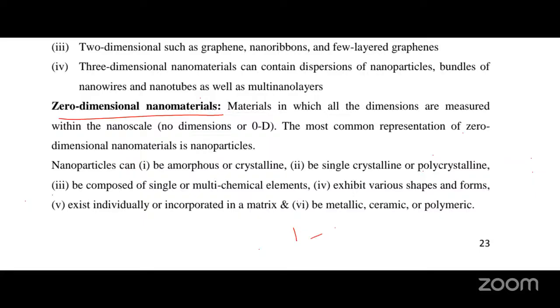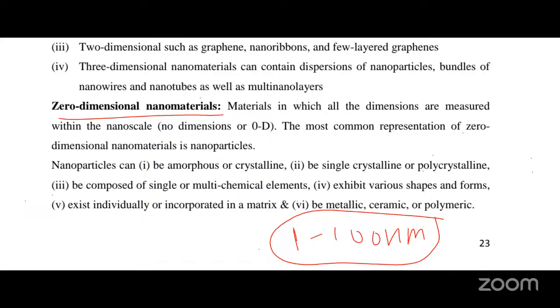That is 1 to 100 nanometers. All the dimensions will be reduced into this range, and we can get zero dimensional materials. The most common examples of zero dimensional materials are nanomaterials or nanoparticles.